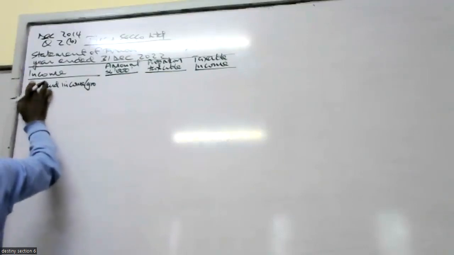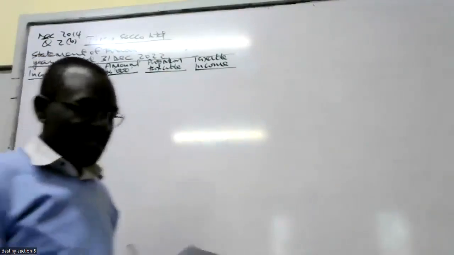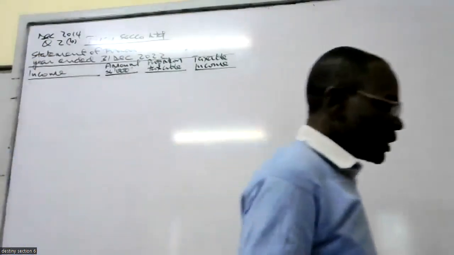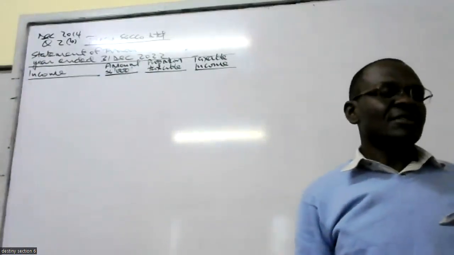No, it's dividend, it's not interest. Dividend we cannot tax twice. For dividend, withholding tax is final tax, you have to be consistent. This is dividend. I don't know why I thought it was interest. It is interest that is taxed twice, but they are saying this is dividend from the collective investment scheme. So dividend withholding tax is final tax.